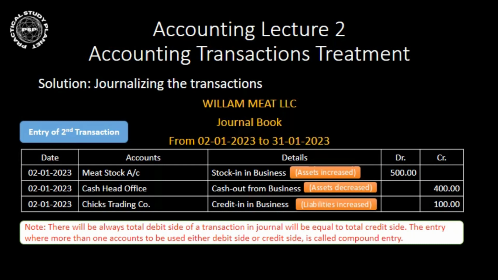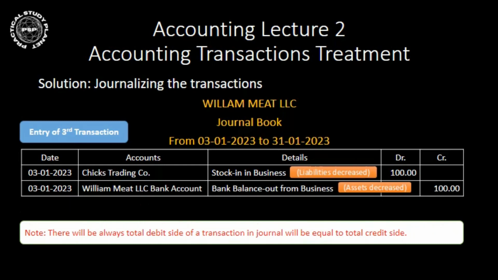Chicks Trading is a liability to pay because of the credit purchase, so it will be written on the credit side; liability increasing. Now the third transaction. William pays by bank transfer, so the liability is decreasing. Now Chicks Trading Company will be debited, and the William bank account will decrease, so the asset decrease will be treated as a credit.